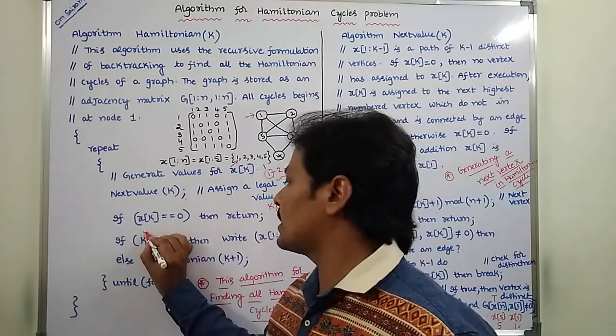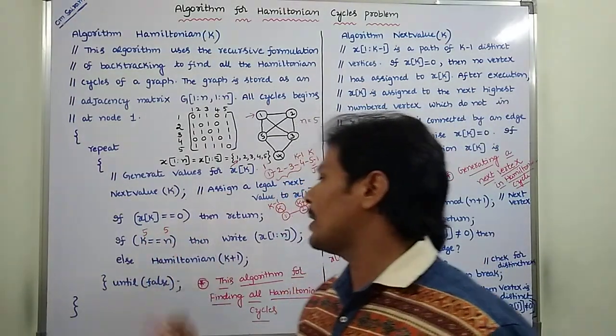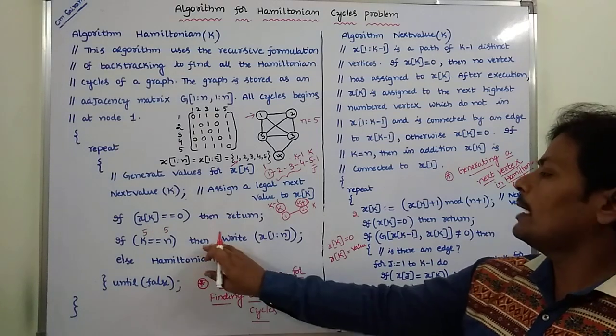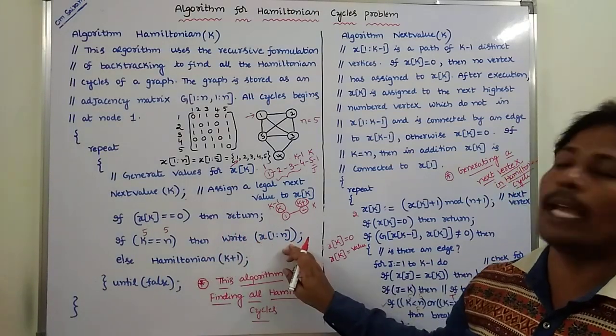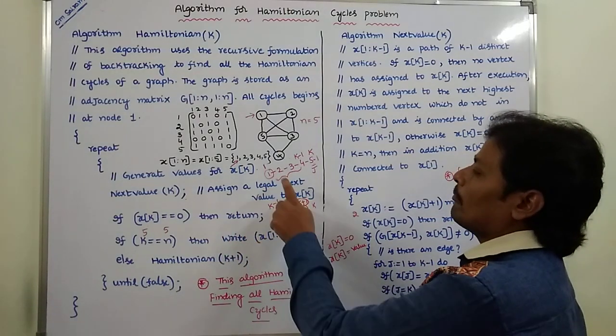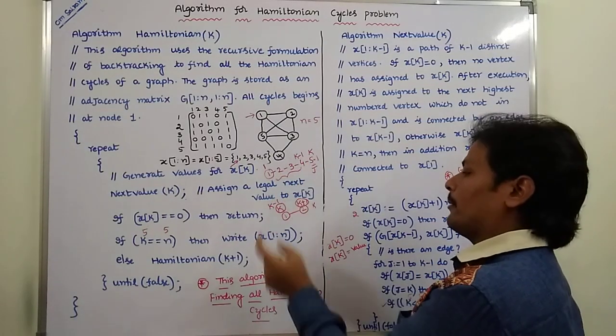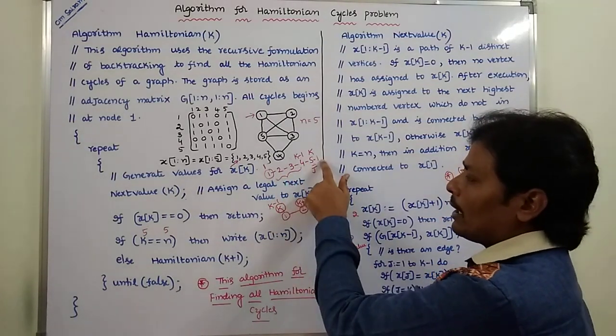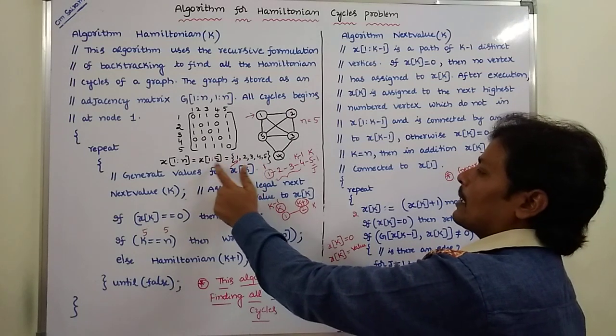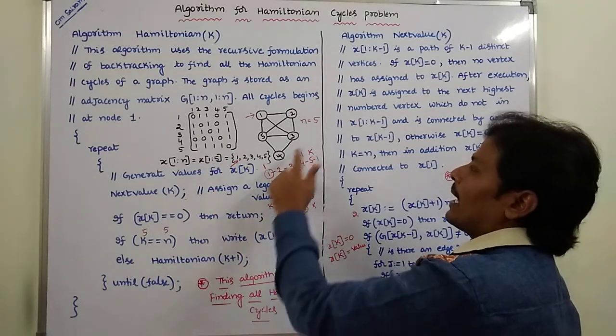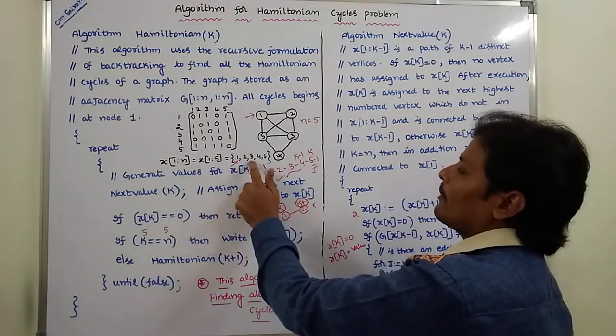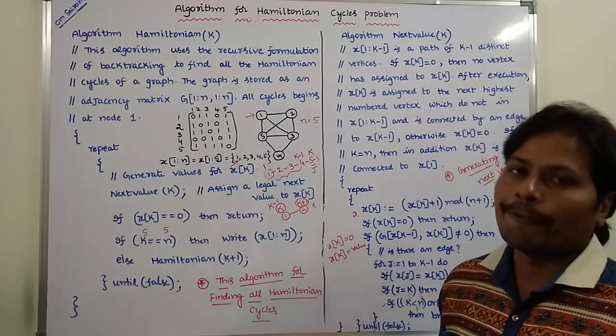Here the k value is equal to 5 and the n value is equal to 5. Then write x of 1 to n. x of 1 to n means 1, 2, 3, 4, 5. So this is the solution vector x of 1 to n. 1 to n means n value 5. x of 1 to 5 is the set 1, 2, 3, 4, 5.